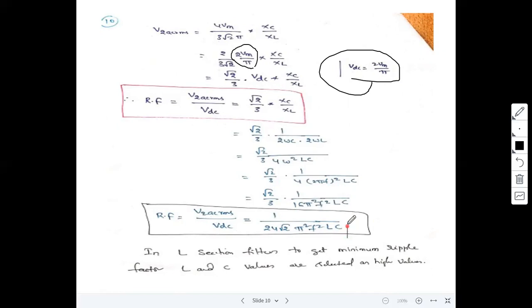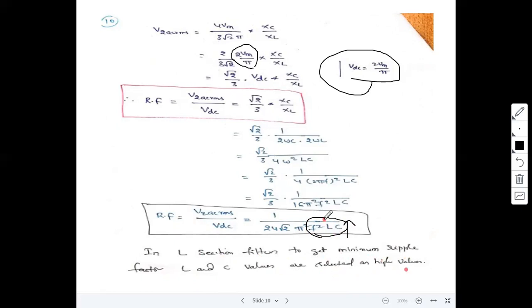If any one value increases, either L or C or F, these three parameters being variable, the ripple factor reduces, right? In L section filters, to get minimum ripple factor, L and C values are selected as high values.